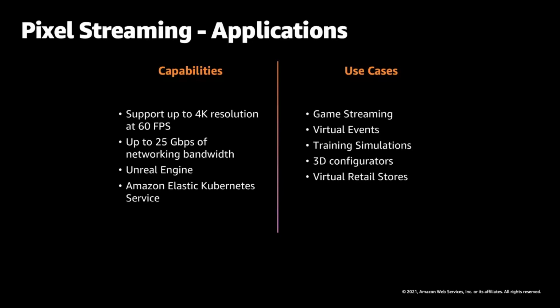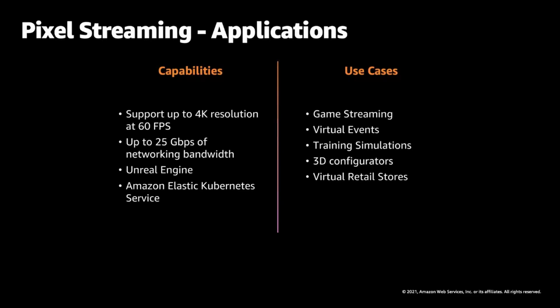With G4ad and all of these pixel streaming use cases, we can support up to 4K resolution with a steady 60 frames per second, as you saw in the last demo. We also offer up to 25 gigabits per second of network bandwidth, which allows you to stream your video and your content to your end users with really low latency.